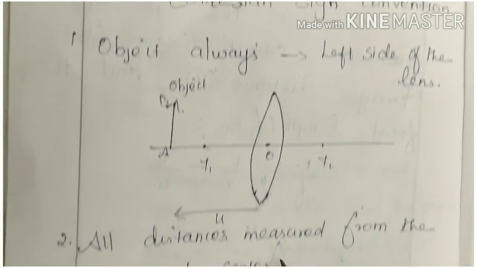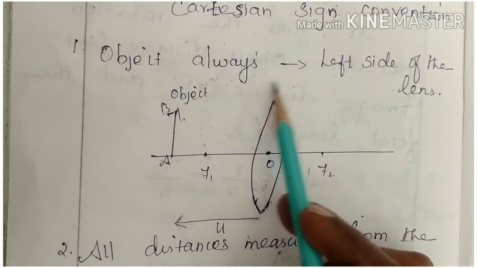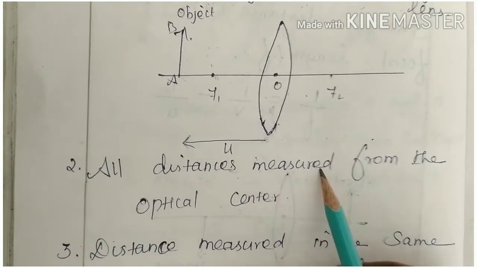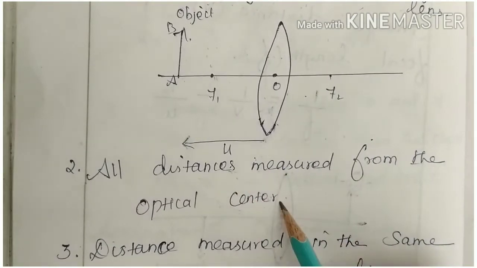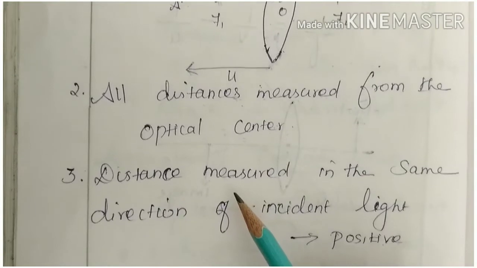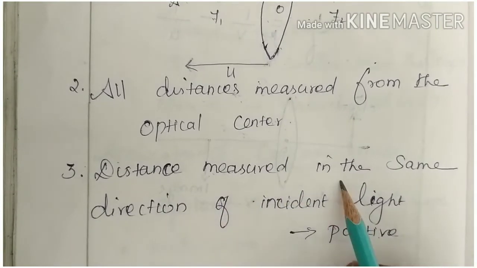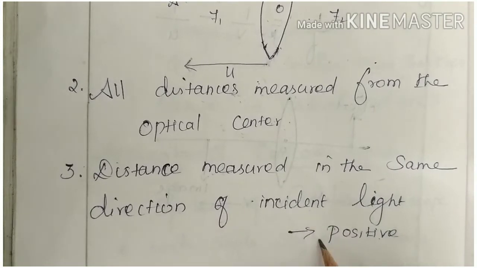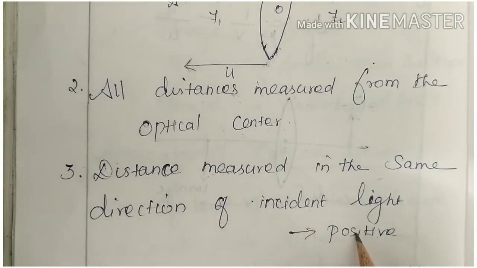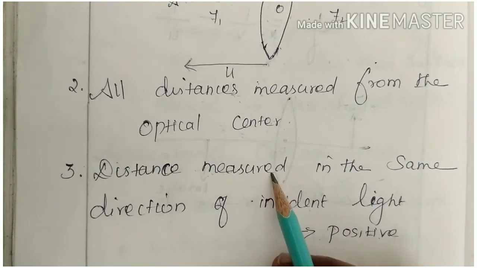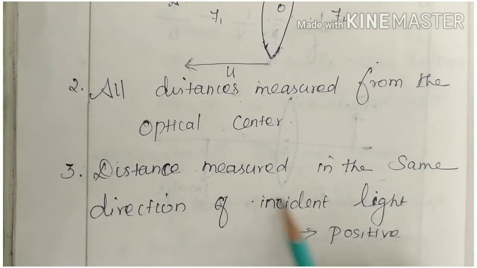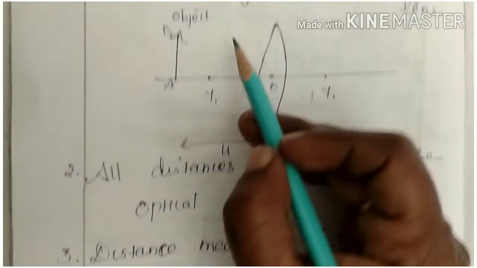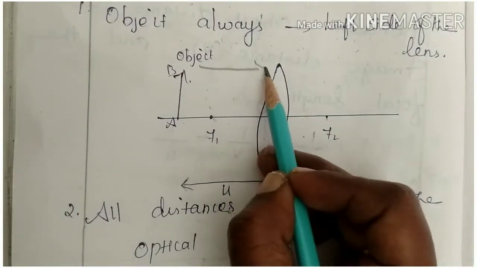The first rule is that the object should always be on the left side of the lens. The second is that all distances are measured from the optical center. The third rule is that distance measured in the same direction as the incident light is taken as positive. What does that mean? This is the direction of the incident light.